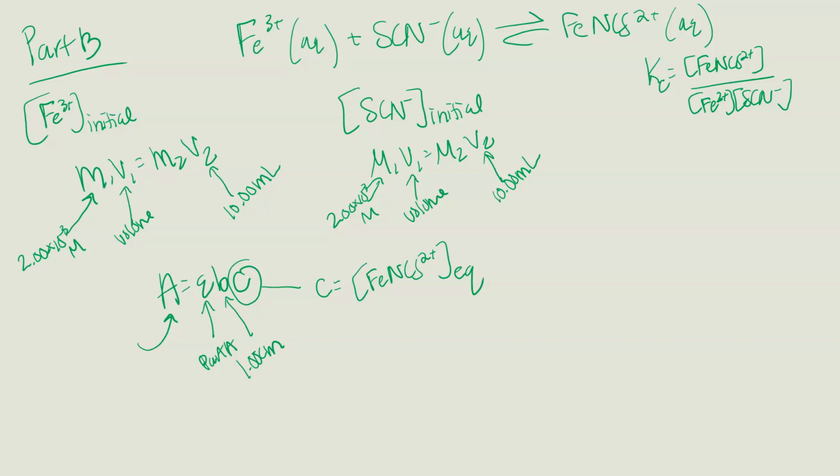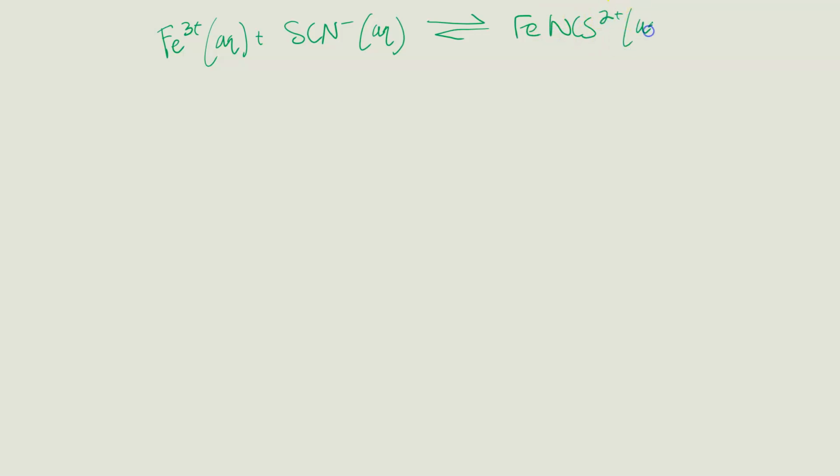So at this point, I didn't really give myself enough space. We will have 3 calculated numbers: the initial iron, the initial thiocyanate, and the equilibrium product. So that equilibrium product, it's like it could go in there, but I don't know the equilibrium of these two. So one more slide. Equilibrium FeNCS2+.